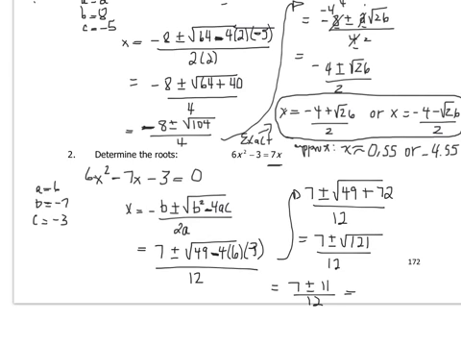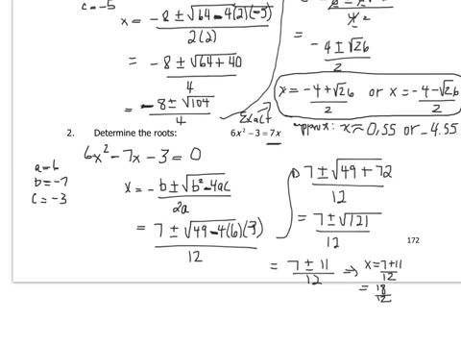And that means that x is either 7 plus 11 over 12, which is 18 over 12, which 6 goes into both of those. So 6 goes into 18 3 times, and it goes into 12 two times.